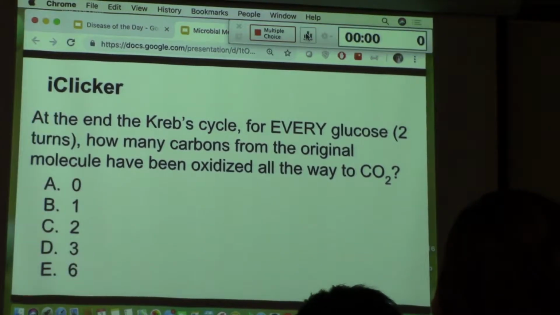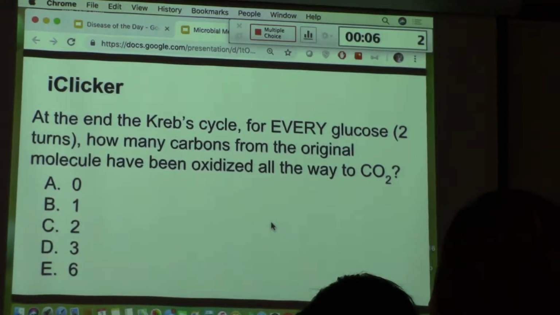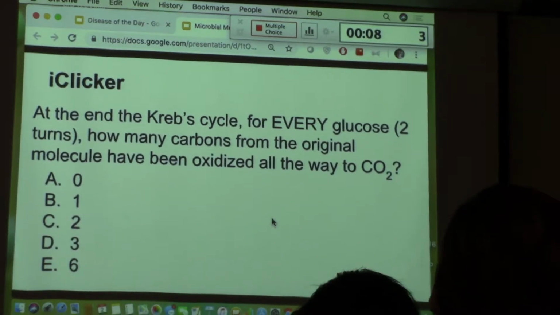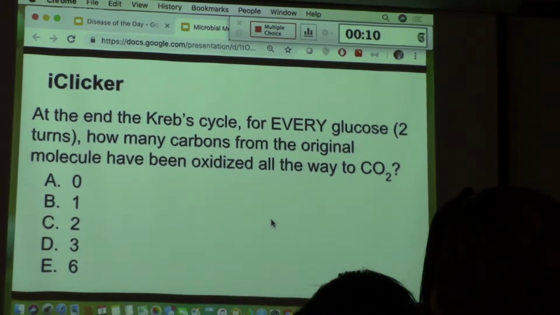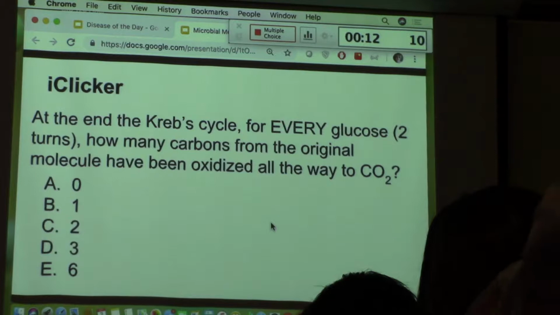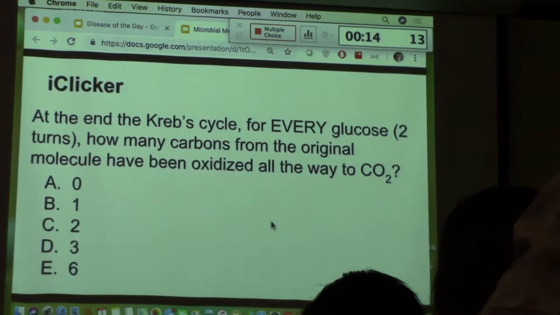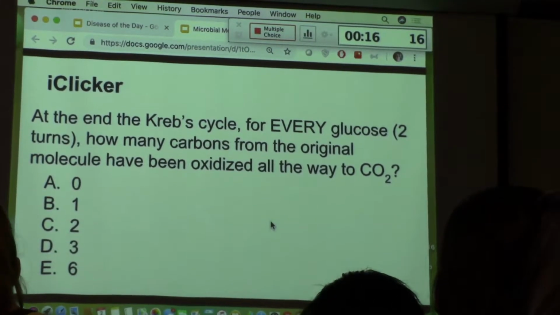All right. At the end of the Krebs cycle, for every glucose, how many carbons from the original molecule have been oxidized all the way to CO2? So at the end of the Krebs cycle, that means including everything from the beginning of glycolysis all the way through the Krebs cycle.